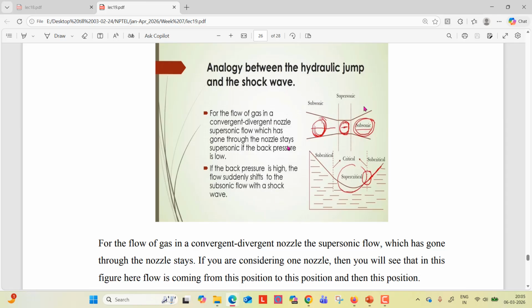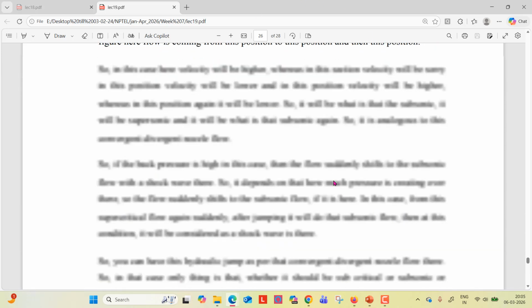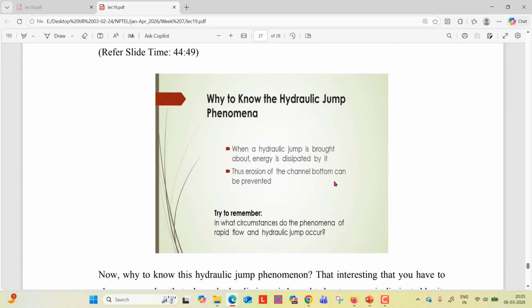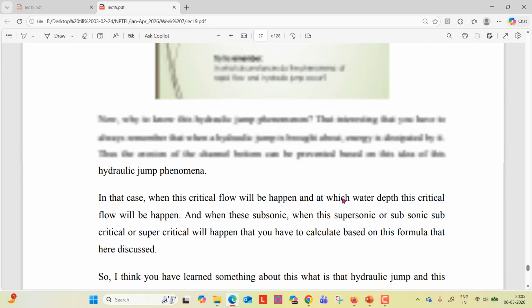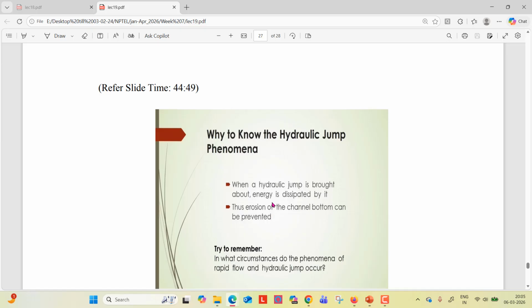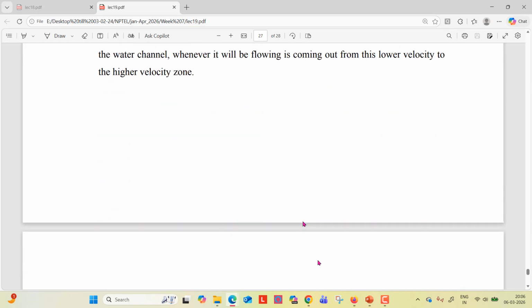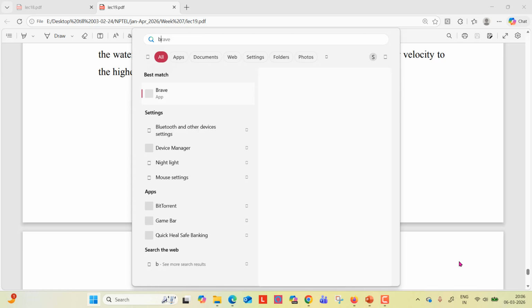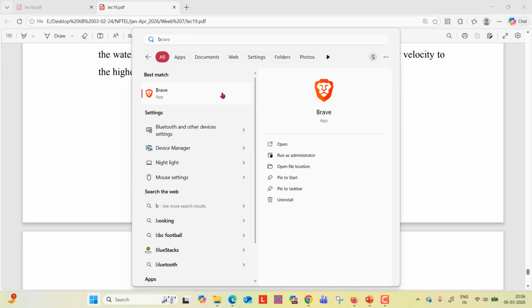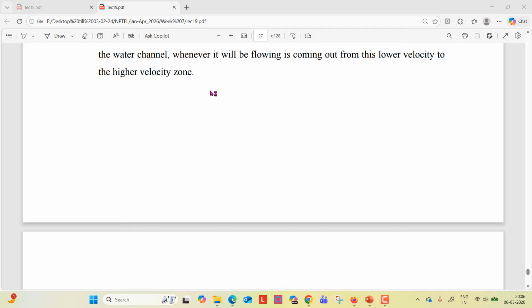In the case of liquid, it is called the hydraulic jump. Hydraulic jump is required to prevent the erosion of the channel. Now we'll see some very interesting videos, then I will do some problems on that.